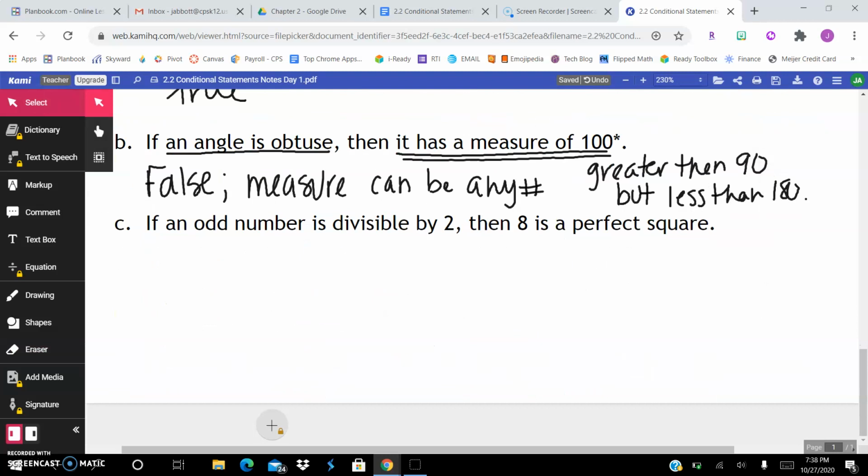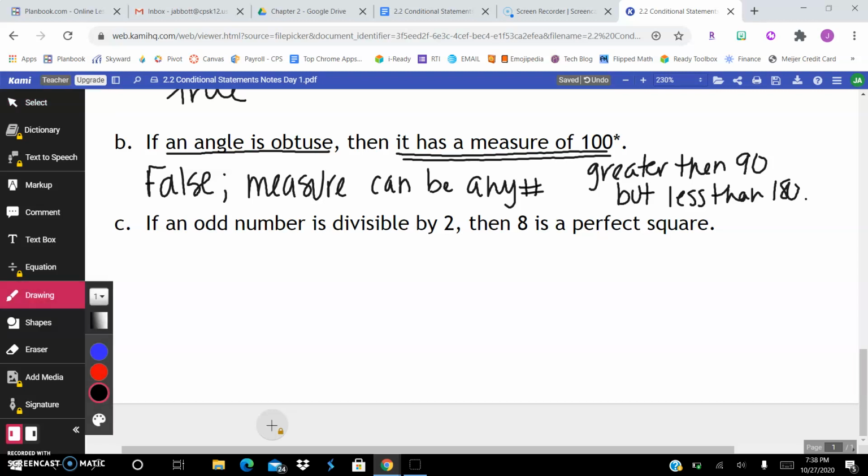And this one says, if an odd number is divisible by 2, then 8 is a perfect square. So is our hypothesis true? An odd number is divisible by 2. No, that is false. Then 8 is a perfect square is our conclusion. 8 is not a perfect square. If we take the square root of 8, we're going to get a decimal, so it is irrational. It's not a perfect square.